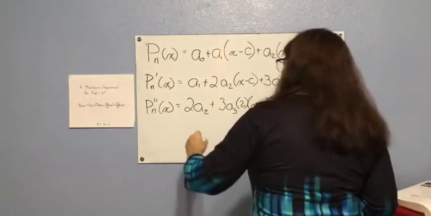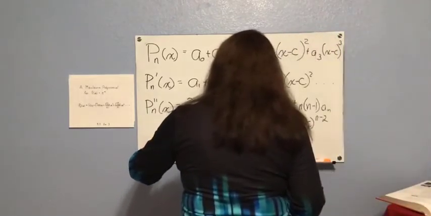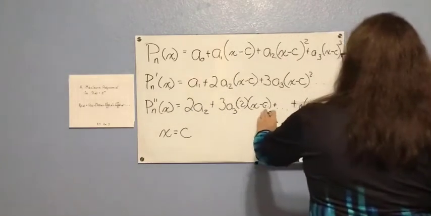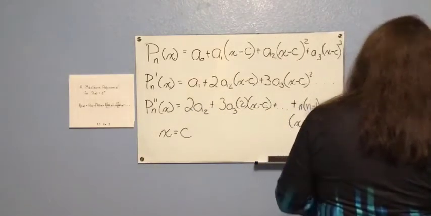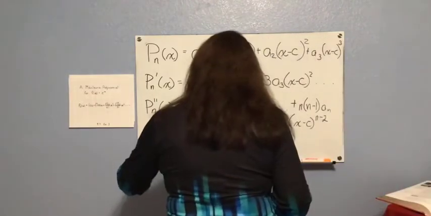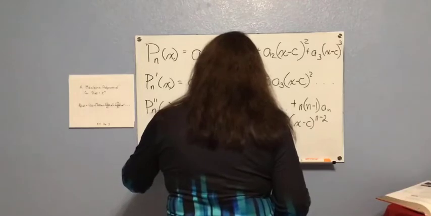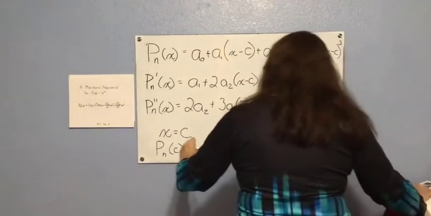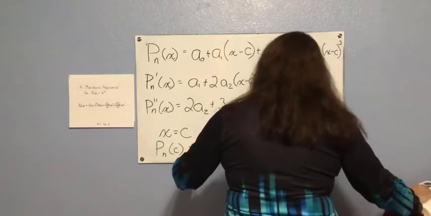If I then let x equal c, all those are going to drop out. And p sub n of c is going to equal a sub 0.